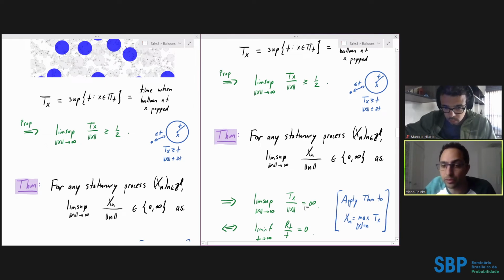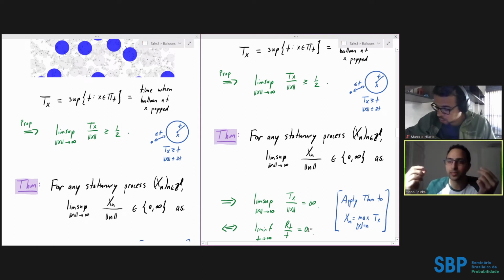It gives you that the lim sup is infinite, which translates back in the language of R_t to the lim inf of R_t over t being 0. So not only is the origin covered by balloons infinitely often, you can actually find times where the origin is relatively close to the center of the balloon, arbitrarily close in a relative sense.